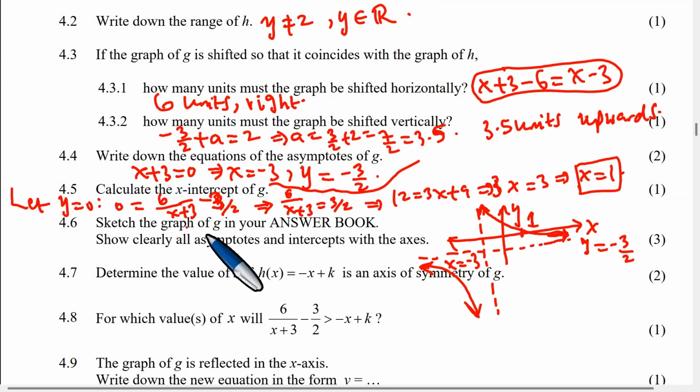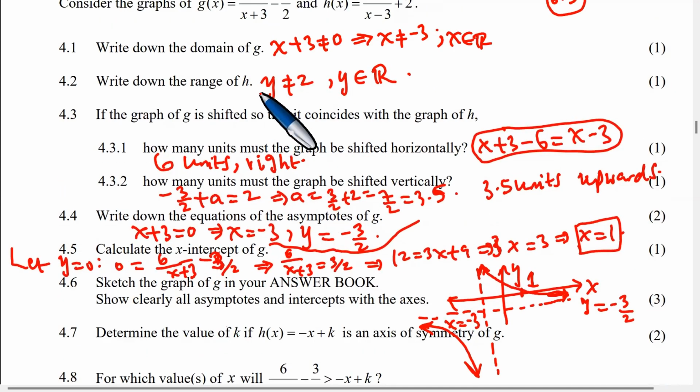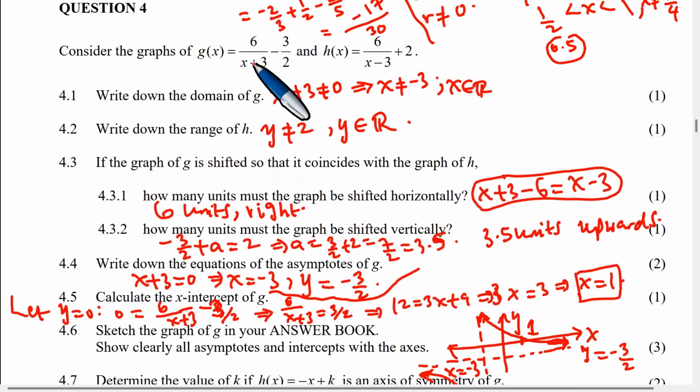The intercept here, when you make x 0 to get the y-intercept in G: this is G. If you make x 0, you have 0 plus 3, which is 3. And then you have 6 divided by 3 is 2.